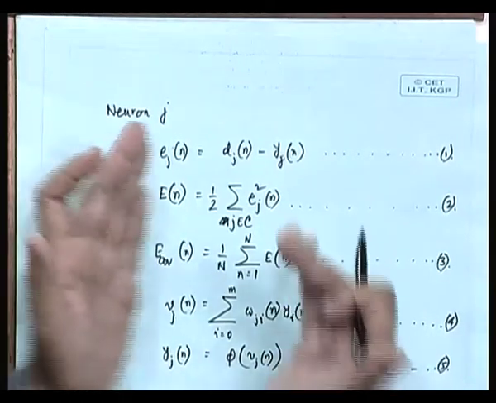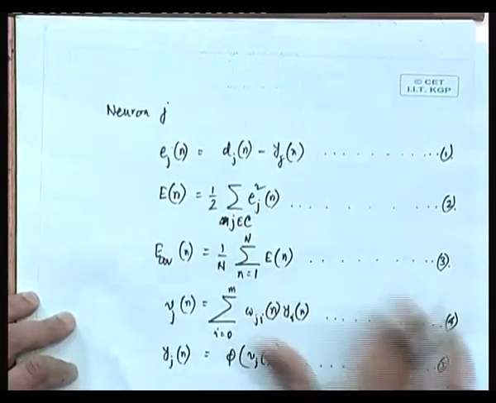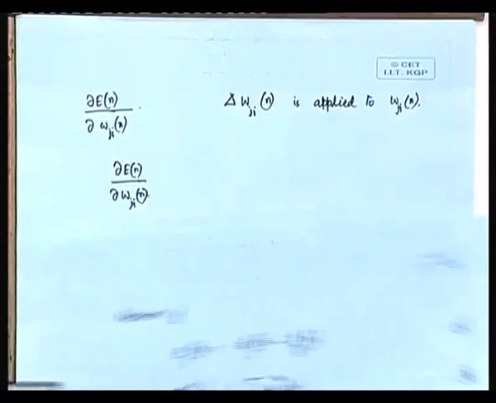If we try to substitute this form of Ej and then substitute everything using these equations, it will be mathematically very cumbersome. So instead of doing that, we will just apply the chain rule of differentiation. Simply because in equation number 2, En is written in terms of Ej of n.